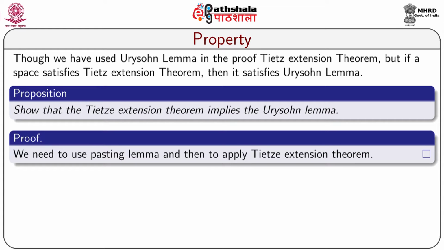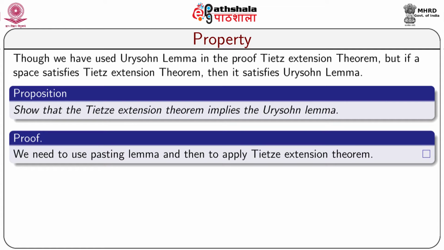To prove this, let us consider two disjoint closed sets A and B in a space which satisfies Tietze's extension theorem. Now, we can consider one continuous function, say f1, which maps A to 0, and another continuous function f2 which maps B to 1.